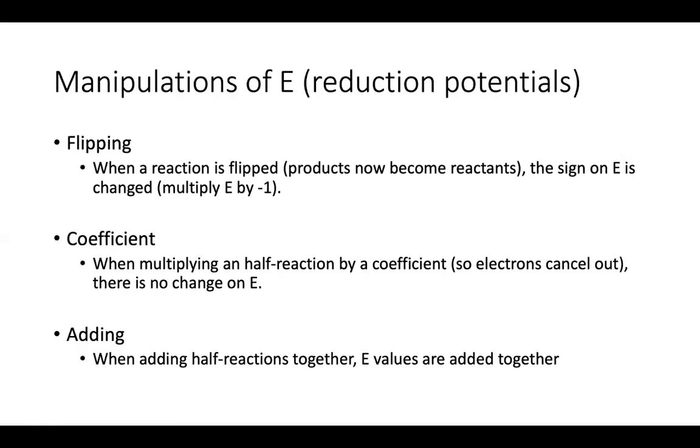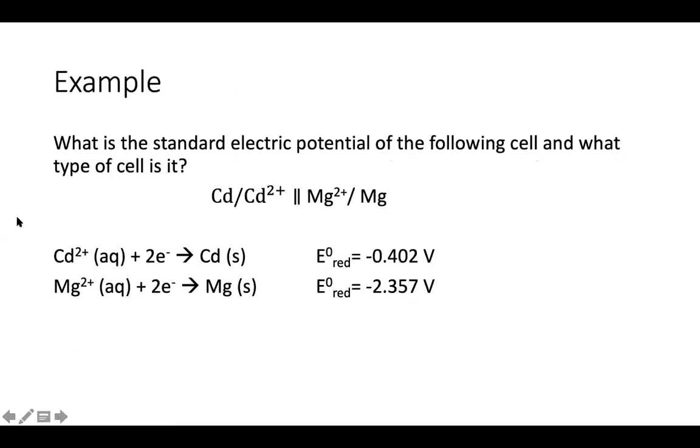It doesn't have to do with how much of your starting reactant you have. The reduction potential won't change. And then if you ever add equations together, whenever you add half reactions together, all you do is add these E values together. Now let's apply this to a problem.